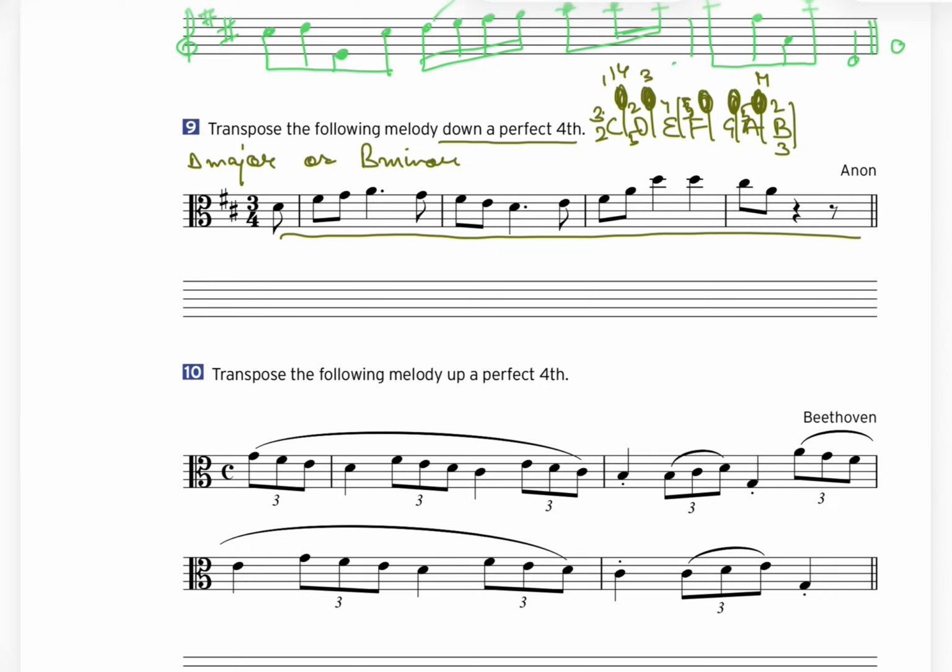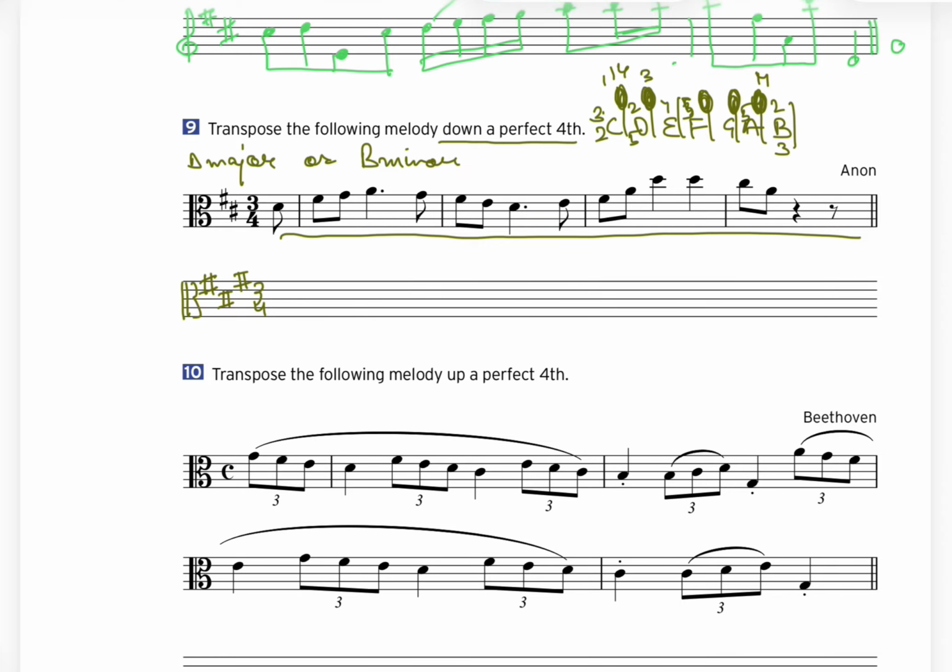So let's make it. So this is our alto clef. A major, we have three sharps, F, C and G. Okay, time signature 3 4. Now let's transpose it.